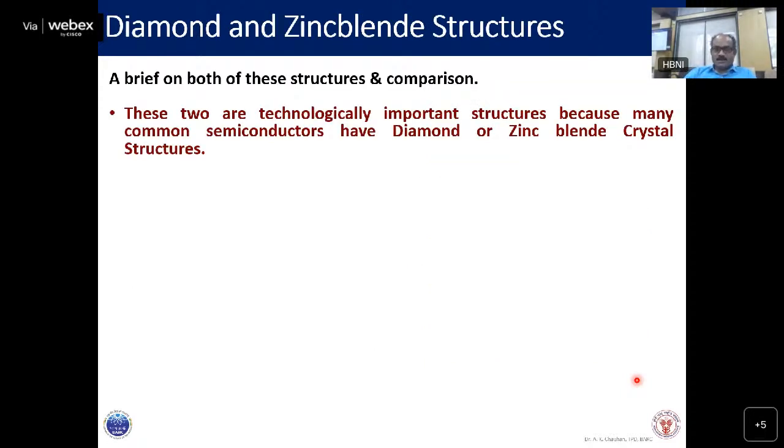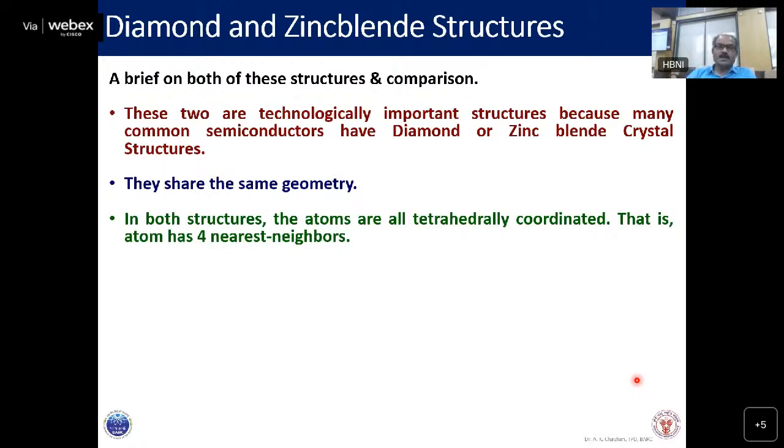If we compare the diamond and zinc blende structures, these two are technologically important because many common semiconductors have diamond or zinc blende structures. They share the same geometry, FCC. In both structures, the atoms are tetrahedrally coordinated. That is, an atom has four nearest neighbors. In both structures, the basis set consists of two atoms.